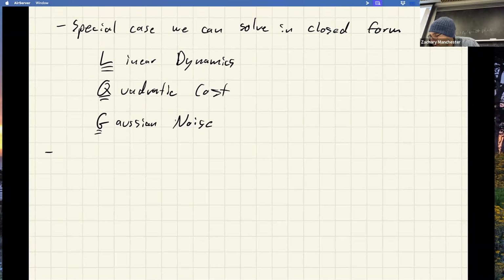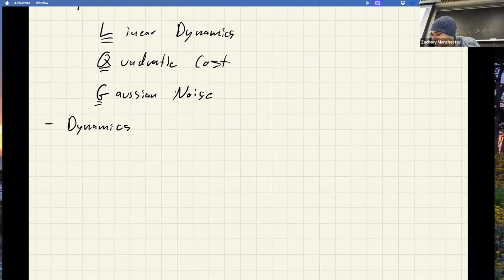So first, we'll look at the dynamics, which, as the name suggests, are linear. So the idea here is it's really similar to LQR. Just for ease of not having to write tons of subscripts today, I'm going to assume it's LTI, but it works for linear time varying just as well. So it looks like this, Ax plus Bu like we're used to, but now we're also going to add this extra term, which we're going to call w, and this is called process noise.